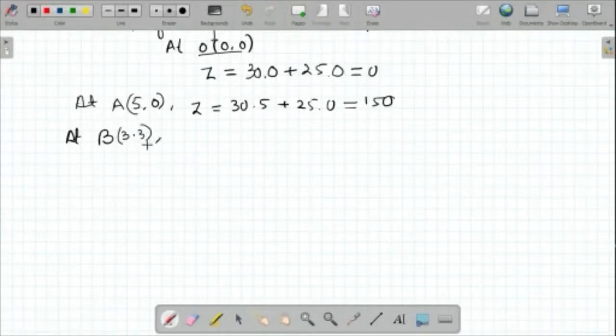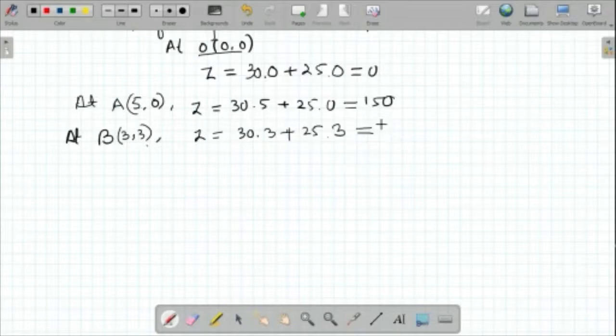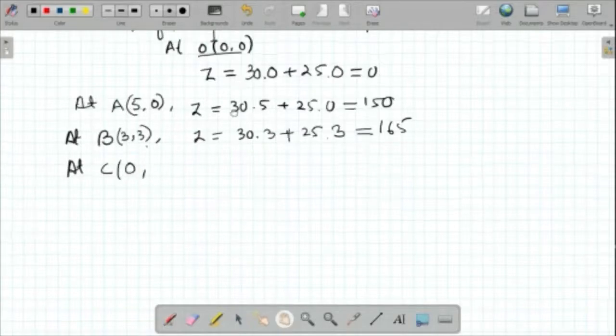B is 3 comma 3. And what is the value of z? 30 times x, which is 3, plus 25 times y, which is 3. So it will be 165.